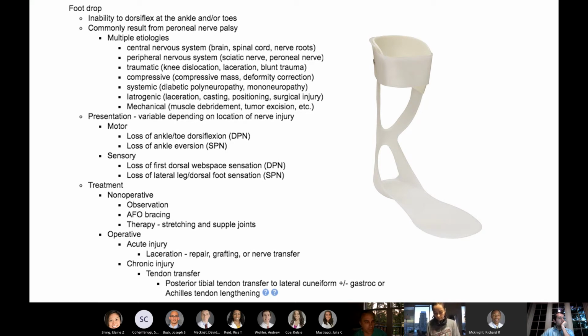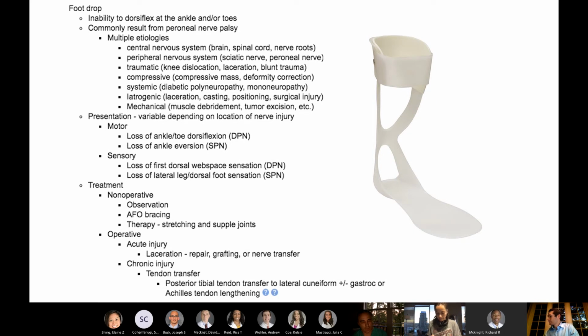If they've got an acute injury, then you can do an acute repair. Nerve transfers are something that's up and coming, as far as even transferring a muscle tendon unit into this area, but I don't think that they would ask this. The most common is going to be your tendon transfers, and the eponym for this is a Bridle.